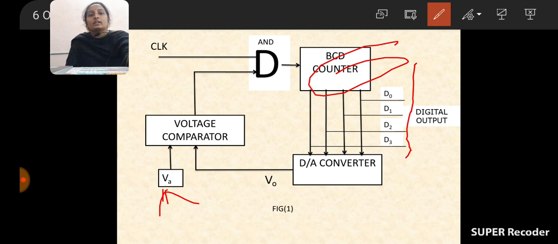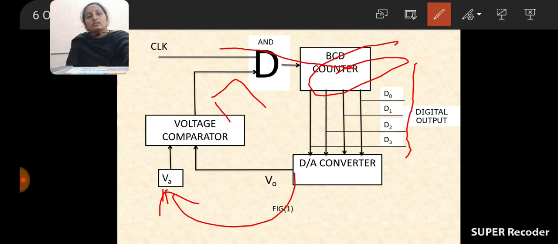Now the comparator will start comparing this VA and V0. If VA is greater than V0 only, it will produce the high level pulse. Now the AND gate acts like a short circuit and allows the clock pulses to the counter.